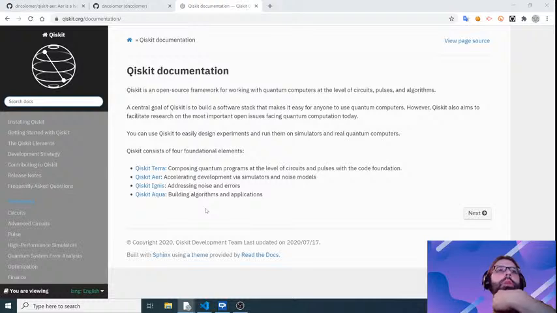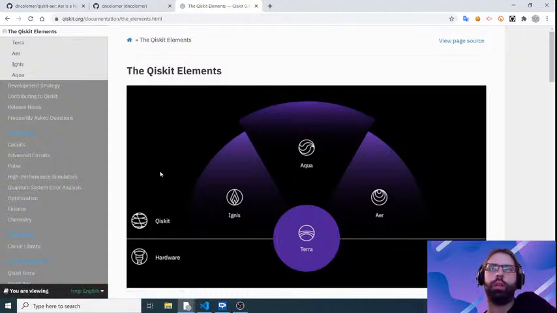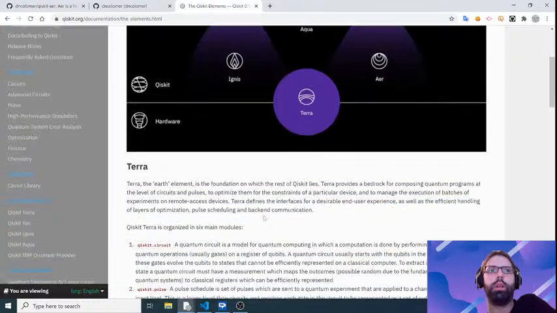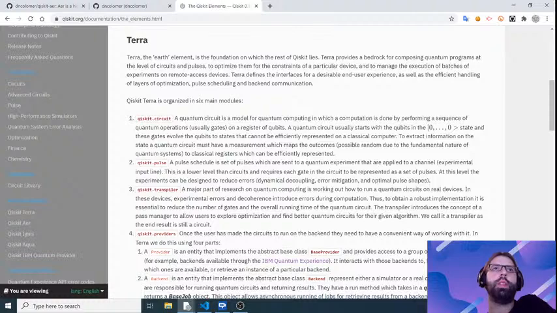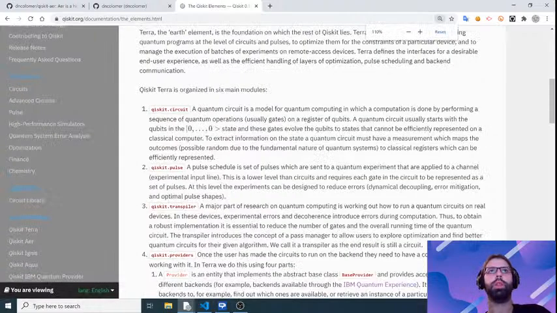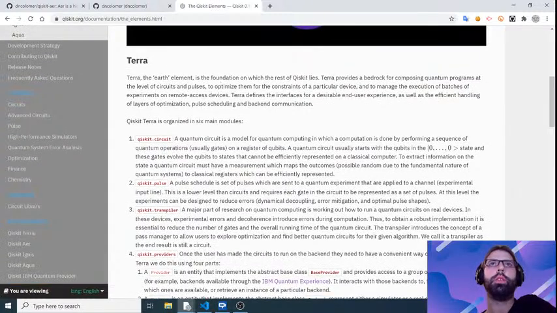So here are the Qiskit elements. There's a bit of a better introduction here, I guess. Okay, that's neat. So Terra is the basis, and then there's Ignis, Aqua, and Aer. Qiskit Terra is organized, I hope you can read that. The Terra element is the foundation which provides the bedrock for composing quantum programs.